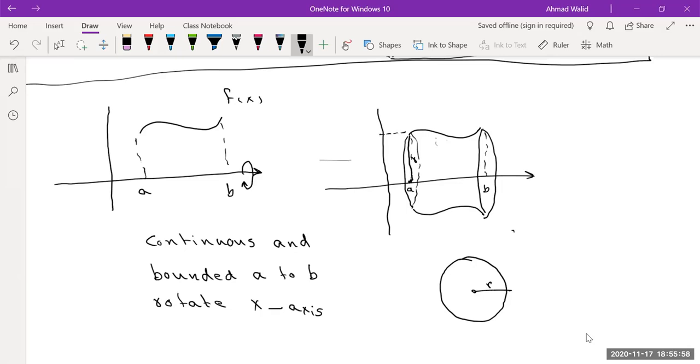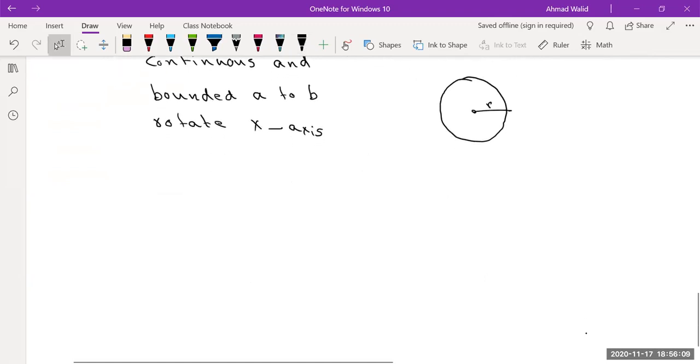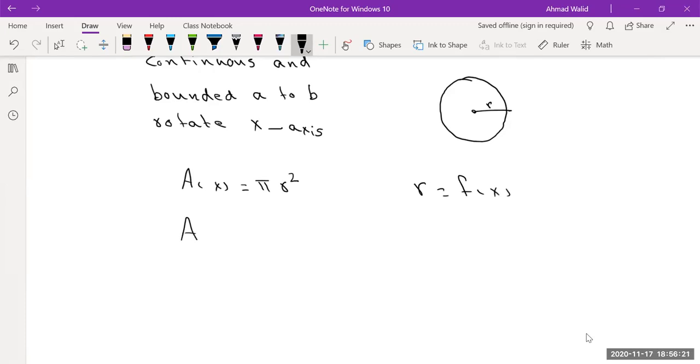And if I bring it here, you can name your r f of x, right? You know this much algebra. The height is f of x. Then I put a formula for you that the surface area A of x equals pi r squared. And your r is equal to f of x. Then your surface area becomes pi times f of x squared. Then what will be the volume?